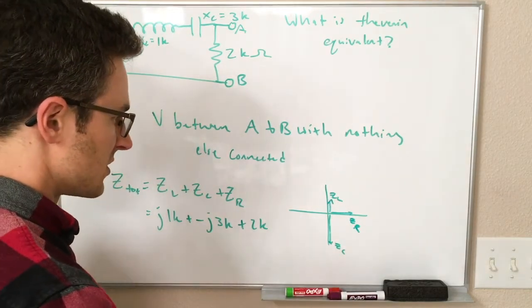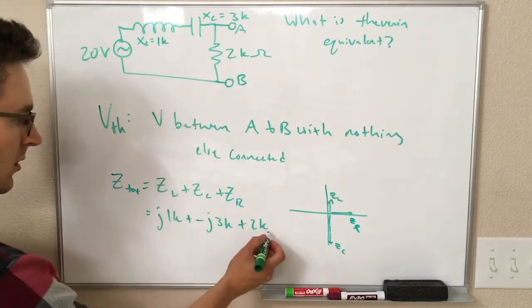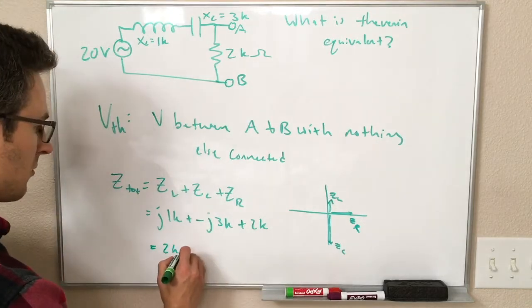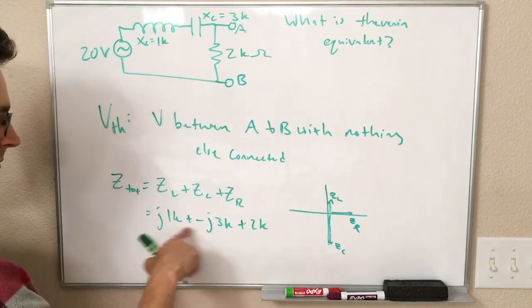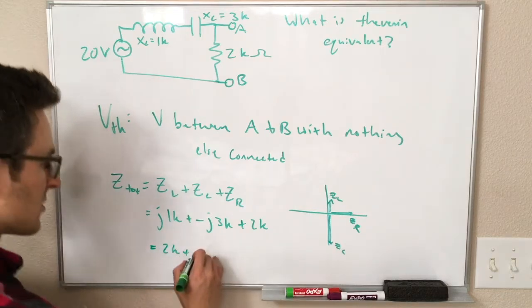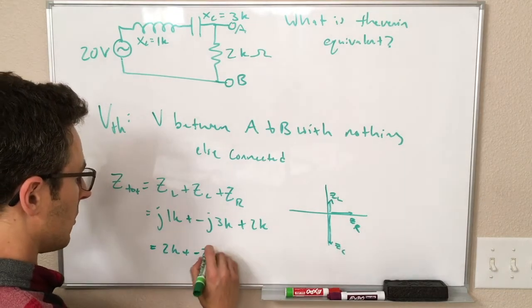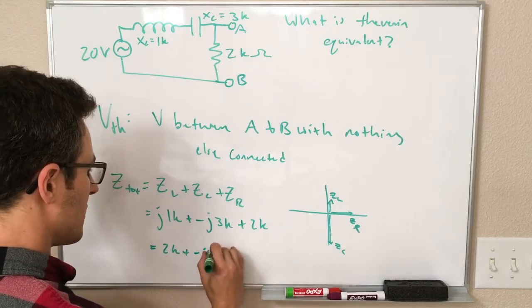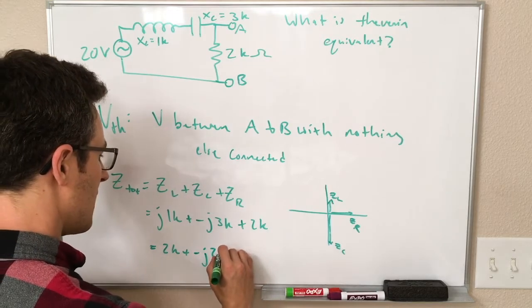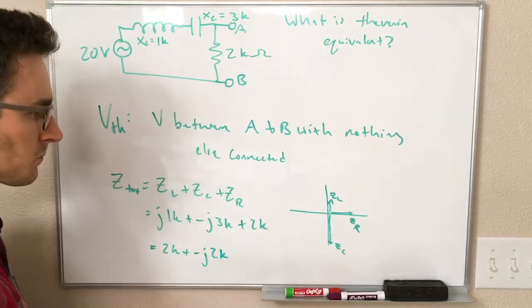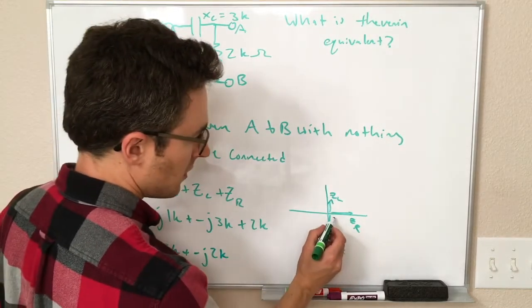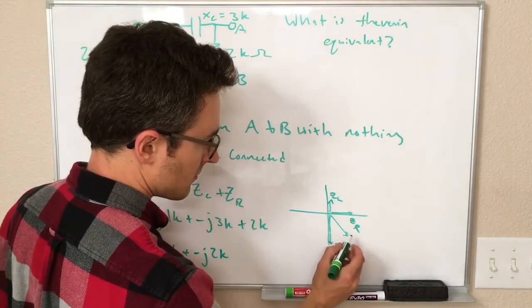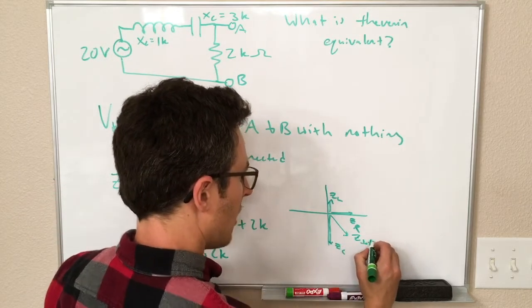So when we add those vectors together, we end up with 2K plus 1 minus 3 is minus 2, or I should put the J first. We try to put the J's first so we can see where they are easier. Minus J 2K. So our total impedance is a complex vector that looks something like that on this diagram.